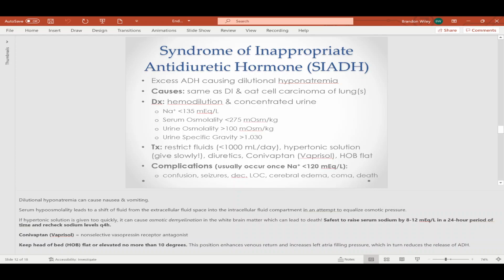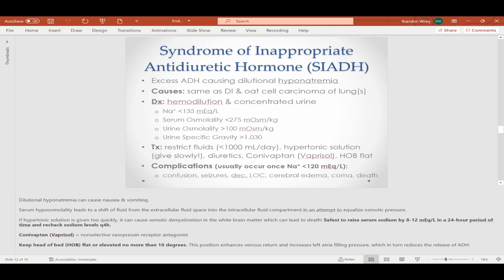So that is why we have to give this saline very slowly. Anytime you have a hypertonic solution ordered, you will have either the neurosurgeon that ordered it or a renal doctor, a nephrologist, on board, because it's such a high-risk medication.